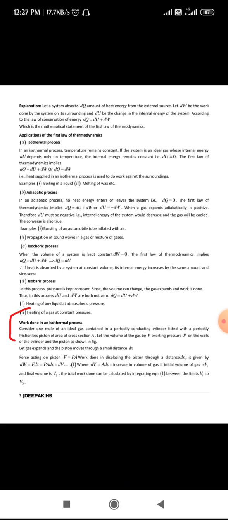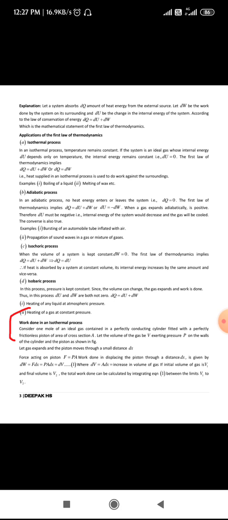I'll just explain once again. We have a cylinder which has a perfectly conducting wall and a frictionless piston, where the area of the piston is A. The cylinder encloses 1 mole of an ideal gas. When the gas is allowed to expand, it exerts pressure on the piston, so the piston moves in the upward direction.